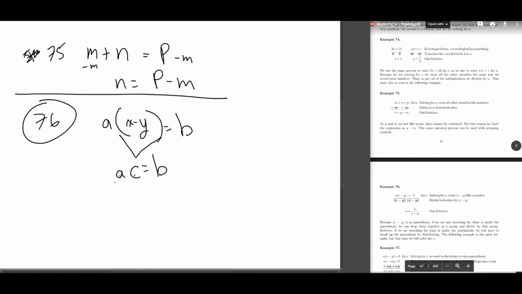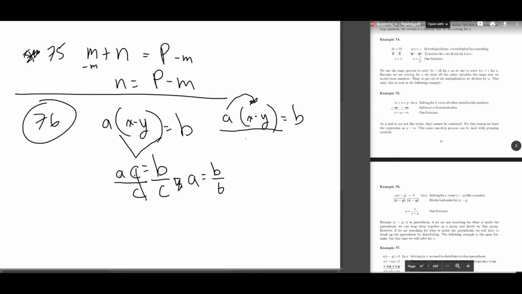So what would we do to isolate a? We would divide both sides by c, and we get a equals b over c. Do we agree? Because anything divided by the exact same thing is equal to 1, and 1 times a equals a. Now, what they're trying to tell you is you can take a(x minus y) equals b and divide both sides by x minus y, so a equals b over (x minus y).